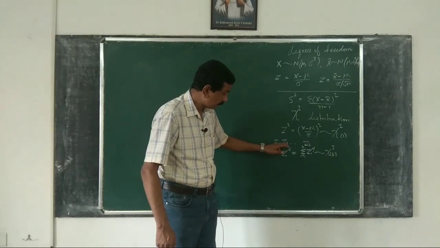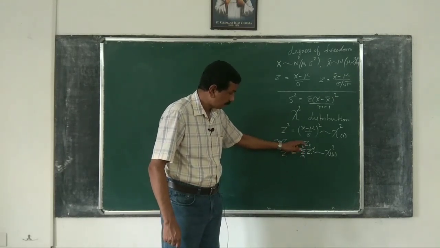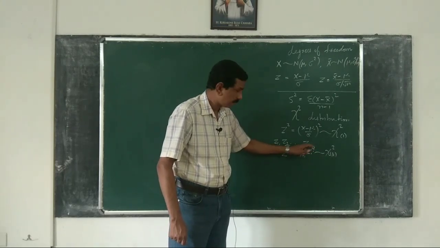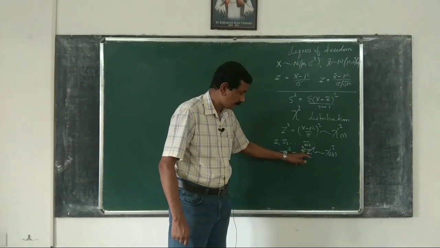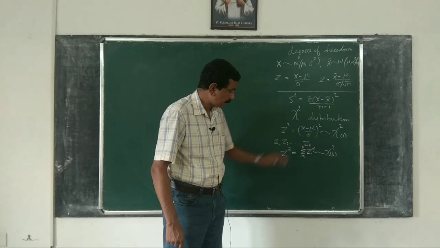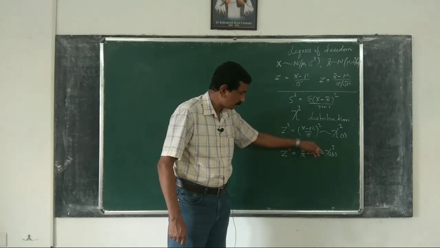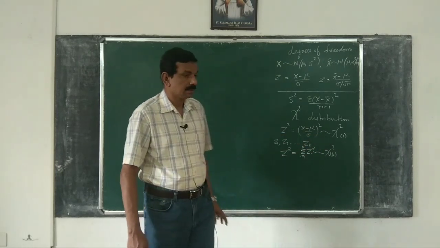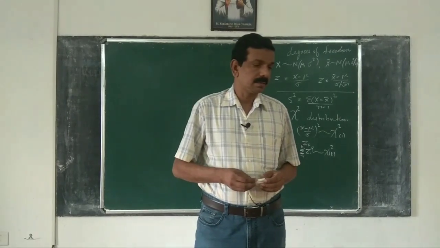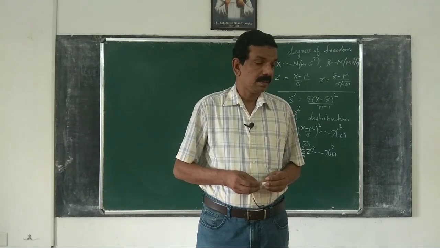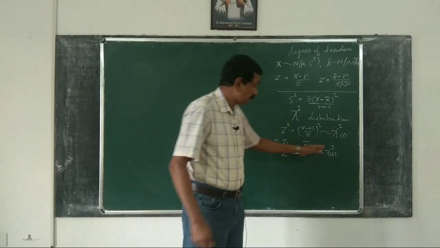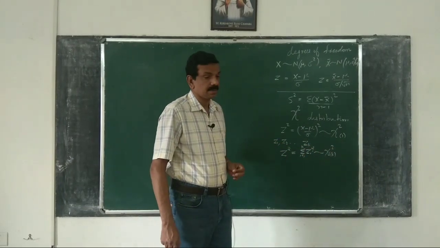Here k means the number of independent terms in the sum.